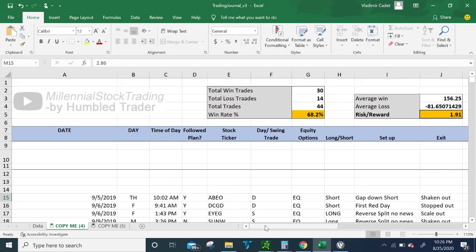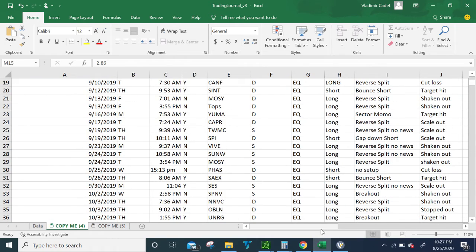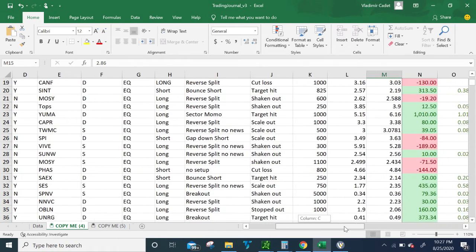And guys, this is literally what helped me become a profitable trader, because breakouts, you know, still is a challenge for me. And after playing breakouts and seeing through this data that I kept losing, and I kept losing big on breakouts.